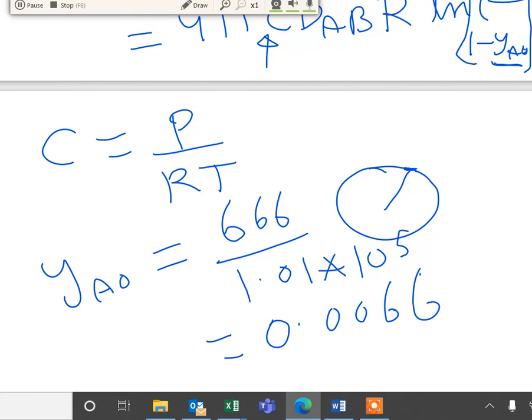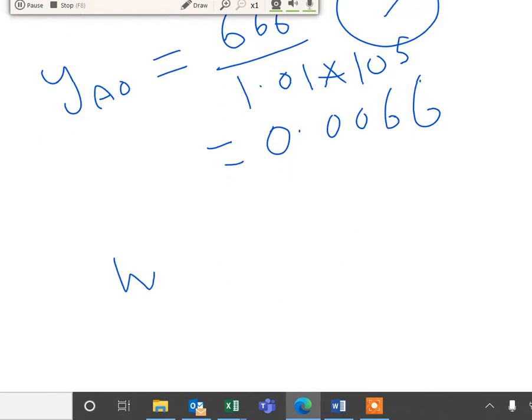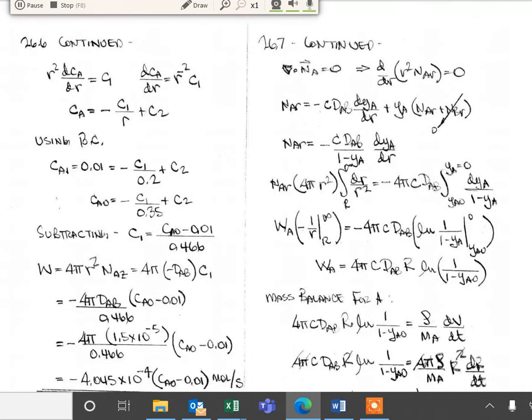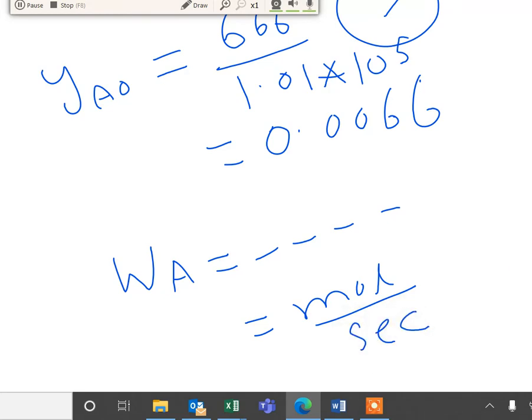Okay, so if you put all these values, you should get WA equal to, okay, I don't have the number here, I leave it to you to get the number. Okay, so that will be mole per unit time, everything in seconds, so it should be per unit second.